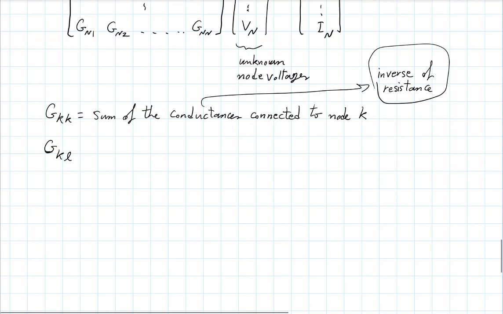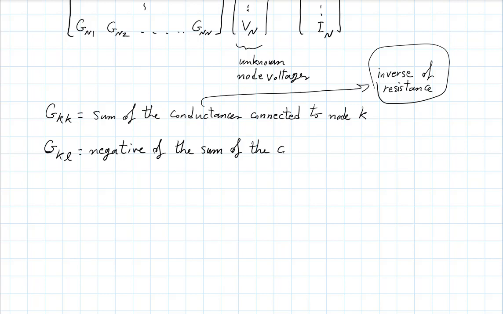So negative of the sum of the conductances directly connecting nodes K and L. And remember that K and L are different.